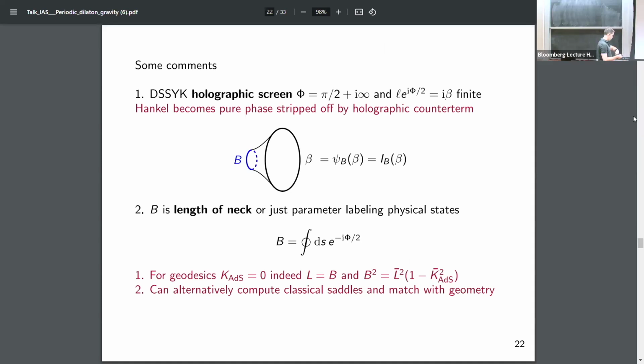The second comment, which I've already said, is that B is the length of the neck, and is simply a parameter labeling the physical states. One way to appreciate that it's the length of the neck is this equation, where if I go to a geodesic, this really just says that B equals L.